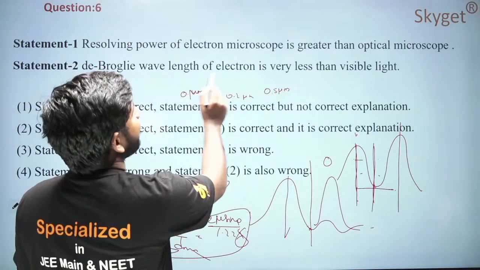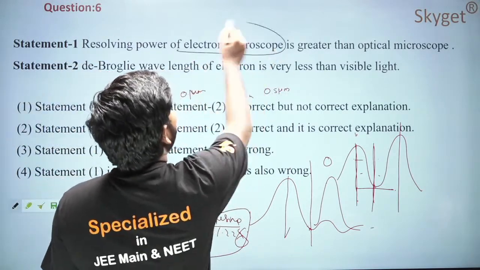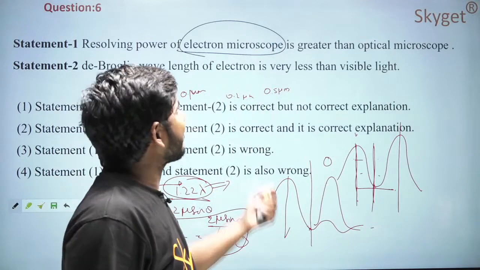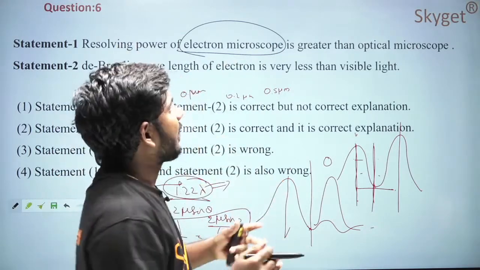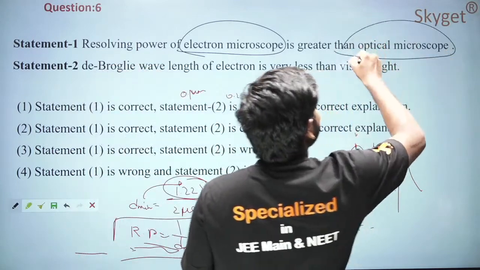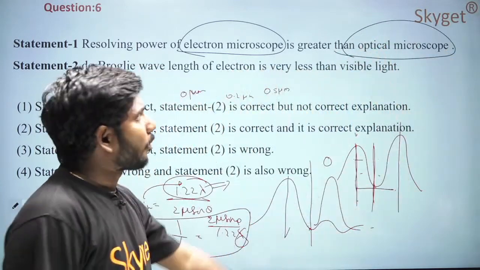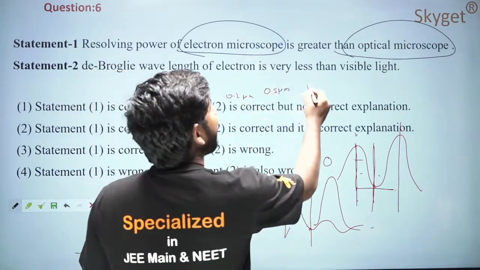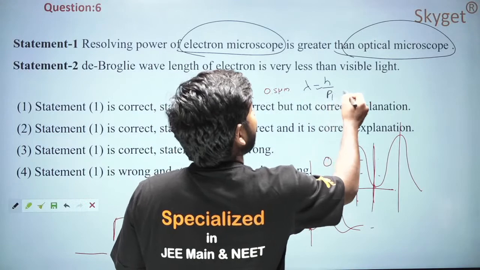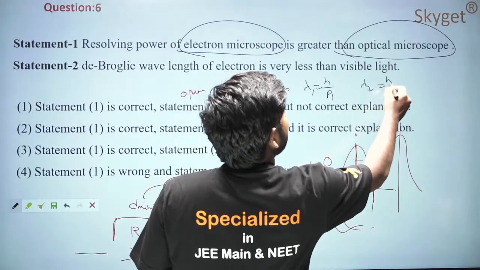So if you compare, in an electron microscope an electron beam is used to identify the image, and in an optical microscope normal light is used. So lambda 1 equals h by p1, lambda 2 equals h by p2.